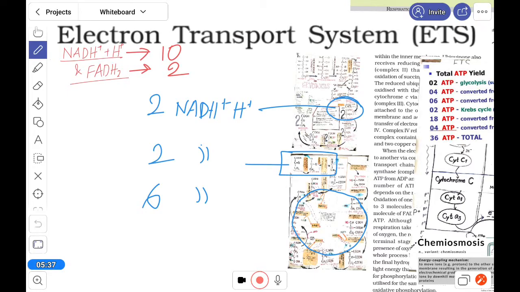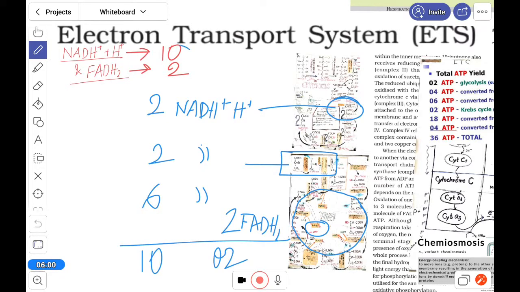Now here one FADH2 is there in one cycle, but it will be 2. I'm reminding you that from one glucose, 2 molecules of pyruvic acid are produced, so when that pyruvic acid enters, we are calculating 2 molecules. So it comes to a total of 10 here and 2 here. Now you got that this is the 10 and this is the 2. Now we can enter inside the cycle.